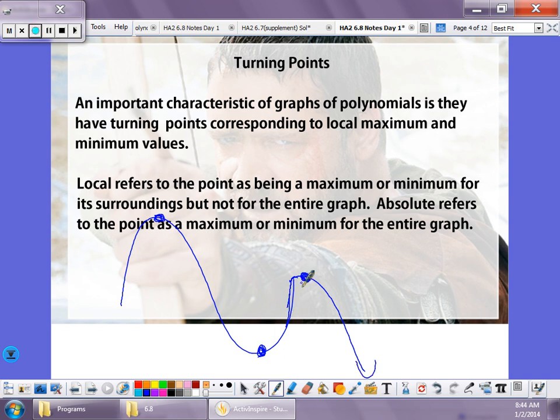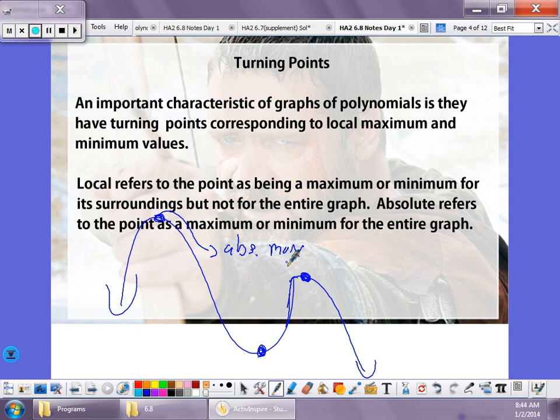Okay, so here I have 3 turning points. All right? An absolute maximum means it's the highest point that that graph is ever going to get. All right, so this would have an absolute maximum here. That would be an absolute max. Okay? Because it's higher than everything else on the graph.